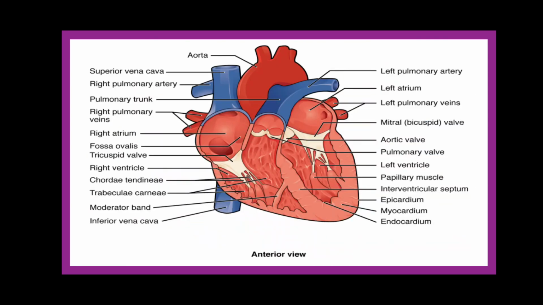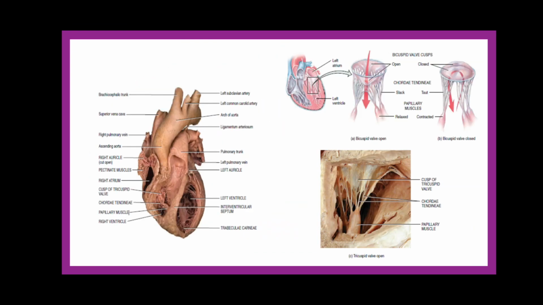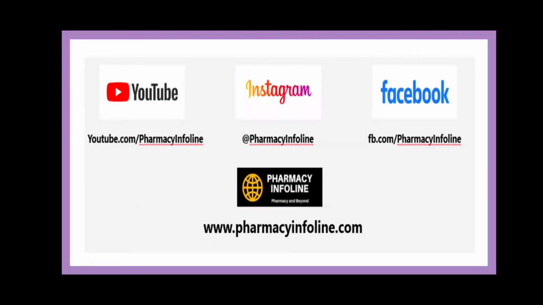We have seen the 4 chambers of the heart, then the different vessels which carry blood to and away from the heart, and then the valves, which come under the internal structure of the heart, and different synonyms of the features. So with this we finish with the internal structure of the heart.